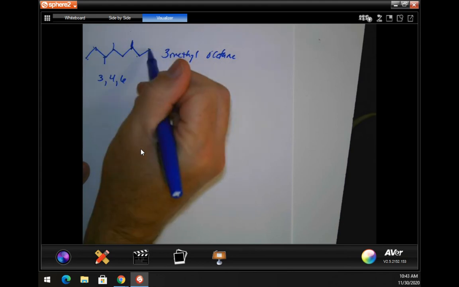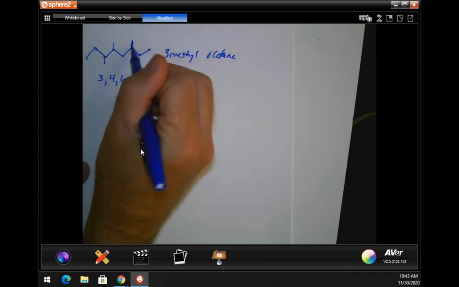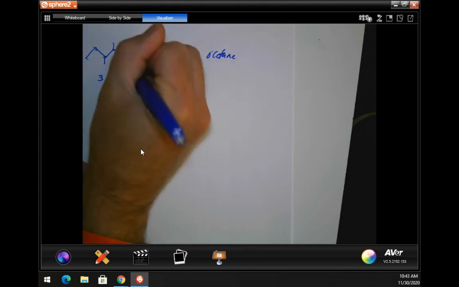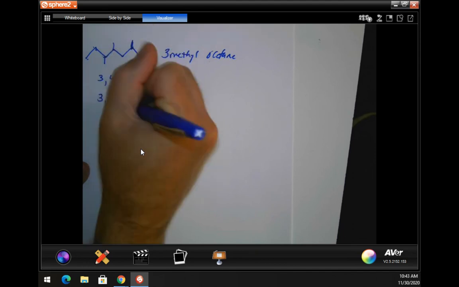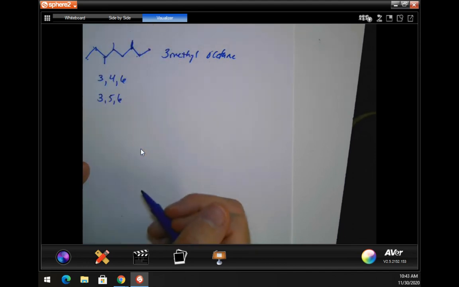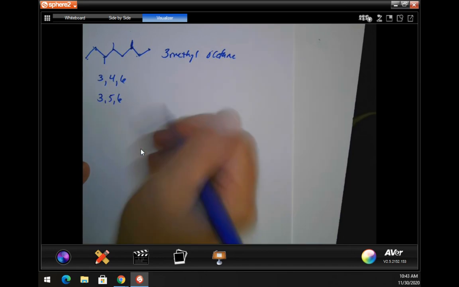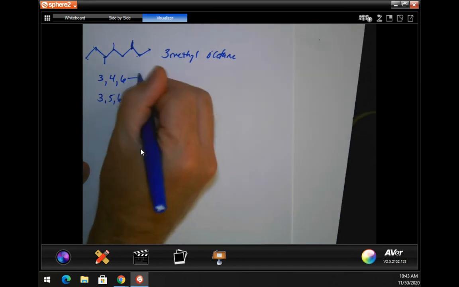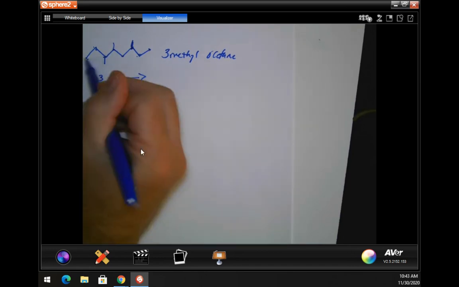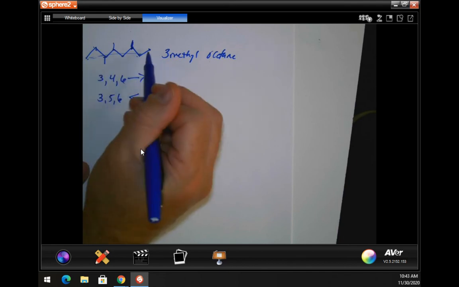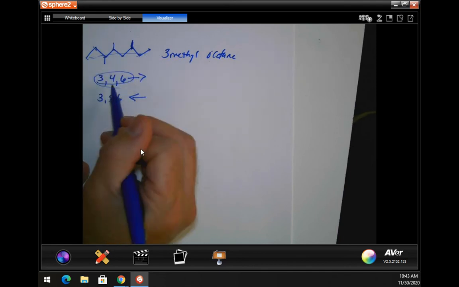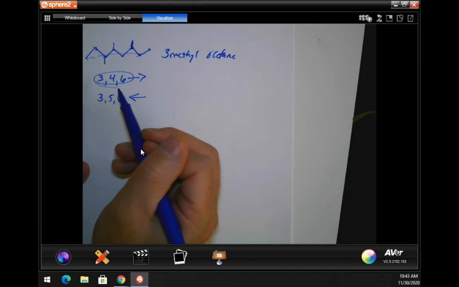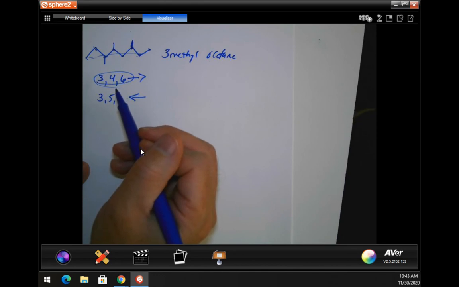But if I go this way, it's 1, 2, 3, 4, 5, and 6. Does that make sense? That's going that direction. That's going that direction. So I want to go this way because it's less numbers. Just always use the direction that gives you the smallest amount.